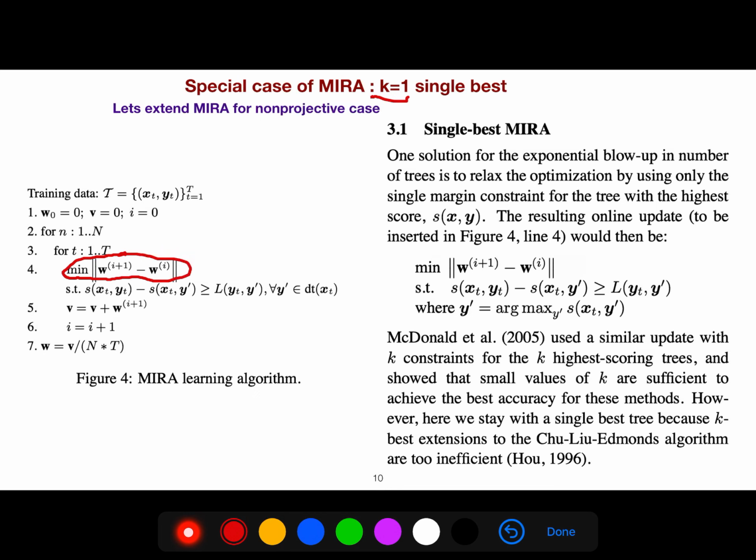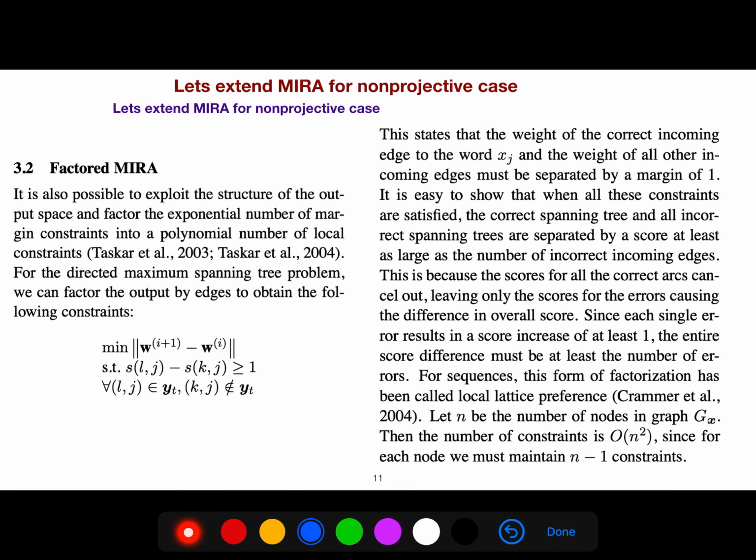As you remember from the previous lecture, if the loss is high, the difference between the gold score and the predicted score should be high, and if it is low, this difference should be low. So it keeps that structure. For single-best MIRA, instead of k-best, we use just k equal to 1.